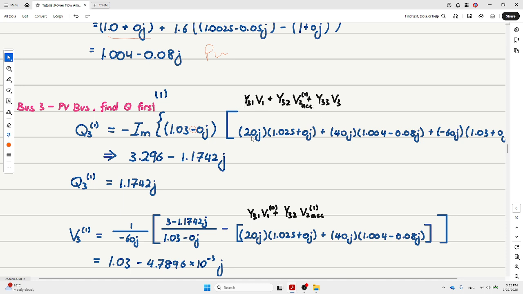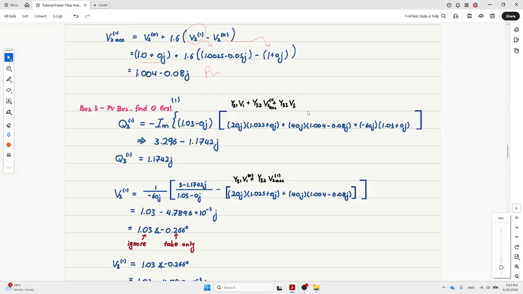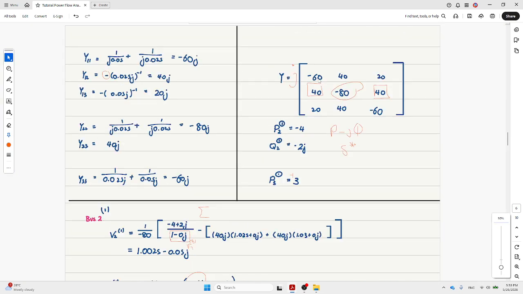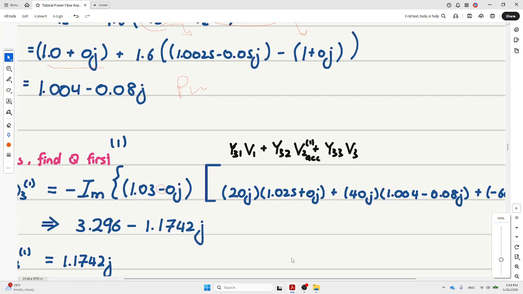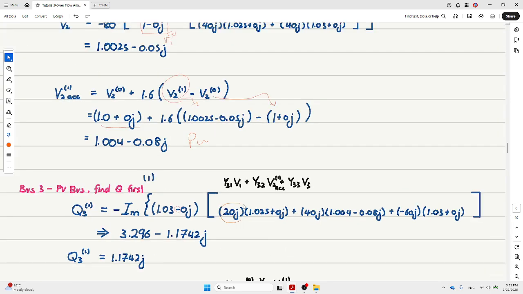Y31 is 20; you can find it from this matrix: 20, 40, minus 60. The voltage 1.025 is here. The accelerated value is replaced here for the voltage of bus 2, and this is the value of V3 in iteration 0.